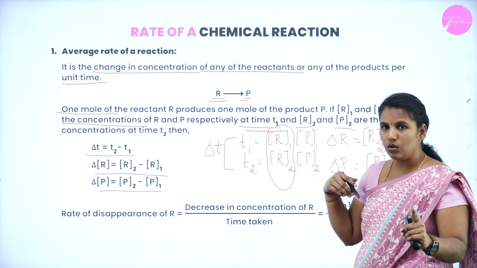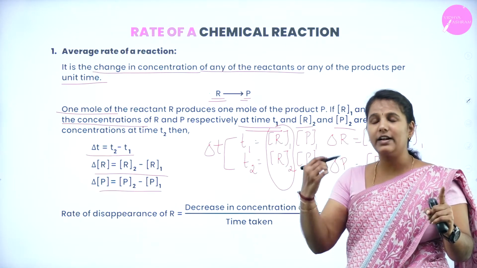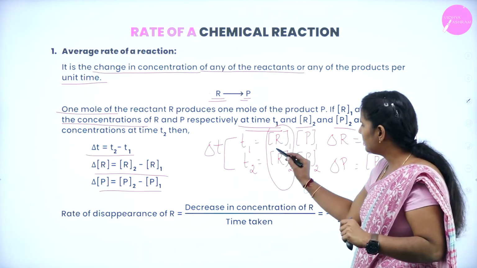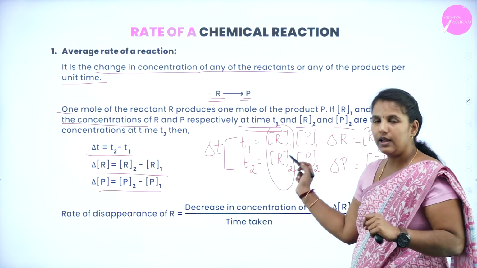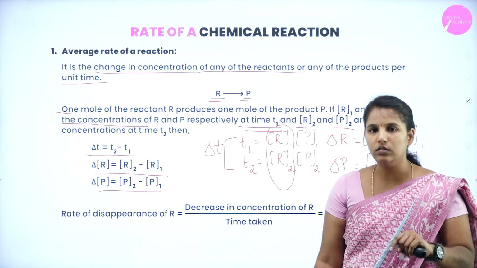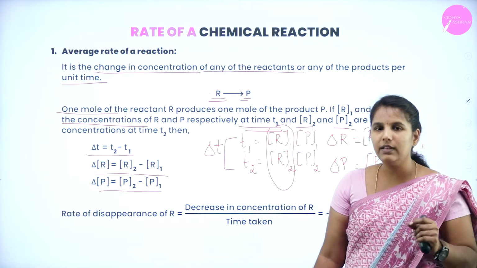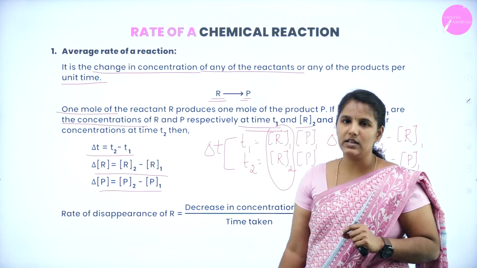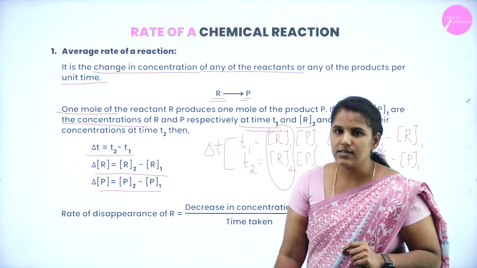At a time T2, the concentration of the reactant and the product has changed again. So the molar concentration of R and the molar concentration of the product change from 1 to 2. Then the difference between these two times is denoted by delta T, and it is given by T2 minus T1.